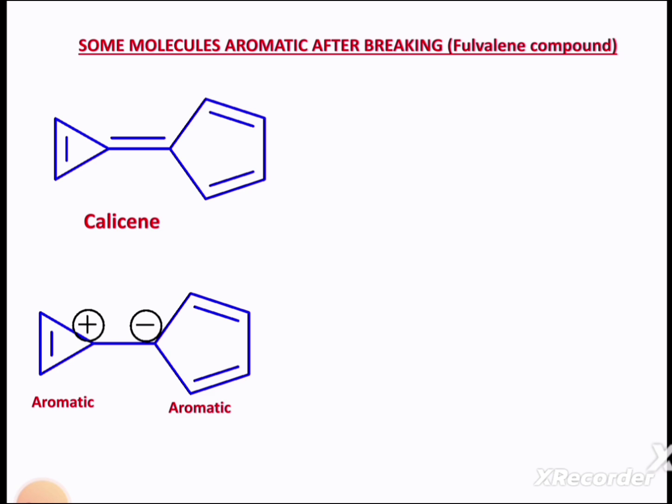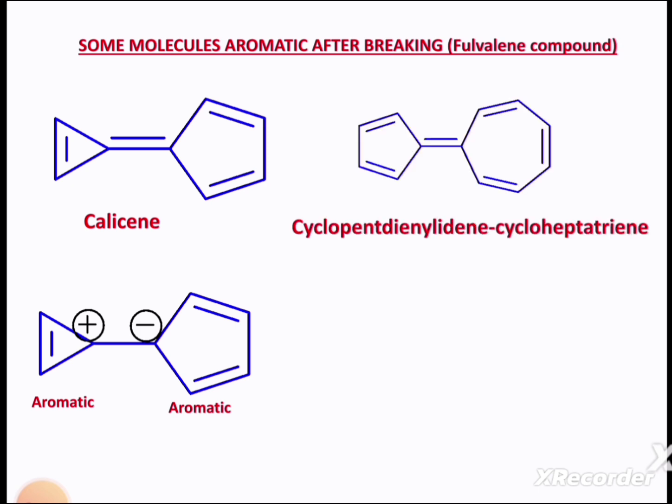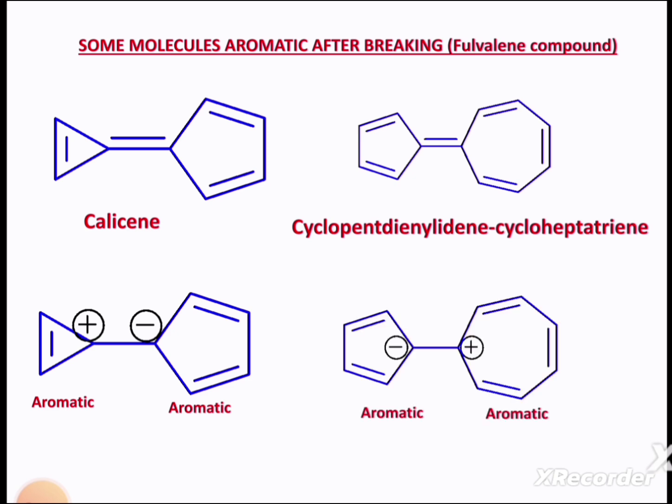First one is the cyclopropenyl cation. The second one will be the cyclopentadienyl anion. Both are aromatic, so the whole compound will be aromatic in nature. We look at another structure, cyclopentadienylidene cycloheptatriene. If you ionize this compound, it will look like this.